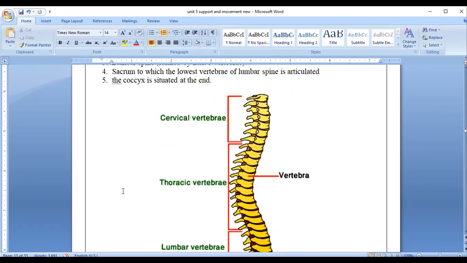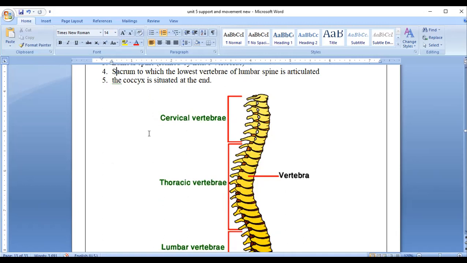Yes, sir. Cervical means belonging to the neck. So cervical vertebrae are mainly located in the neck region. Understood? Yes, sir. Thoracic means chest, so thoracic vertebrae are mainly located in the chest region.